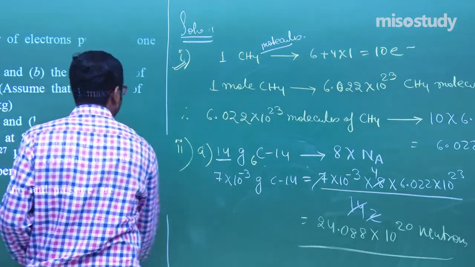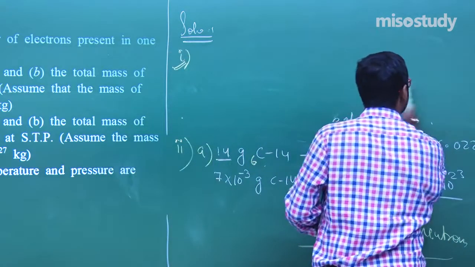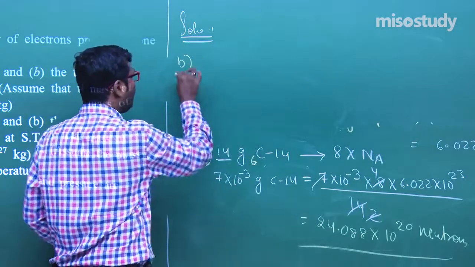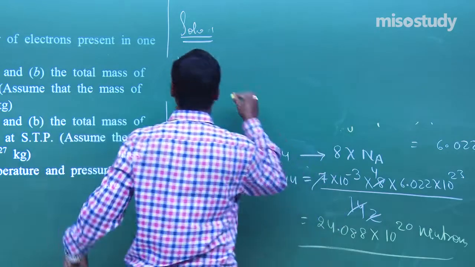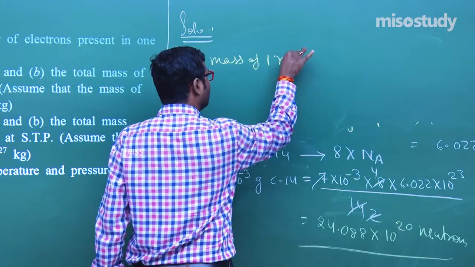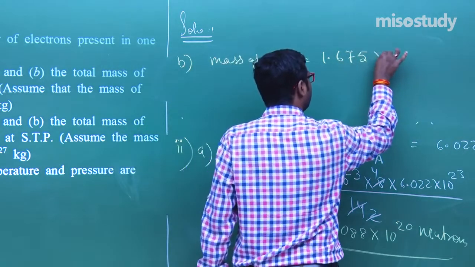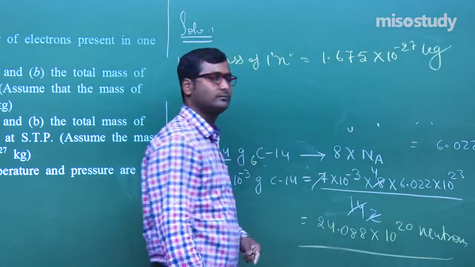Look at here. Now you have to find the mass of those neutrons. It is very simple. We know the mass of a neutron, given here. Mass of one neutron is equal to 1.675 into 10 to the power minus 27 kg. Am I right?